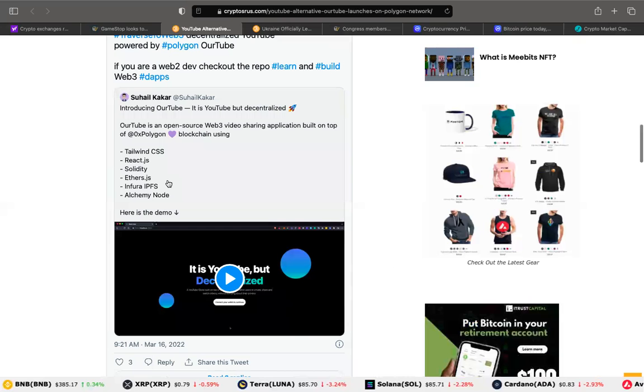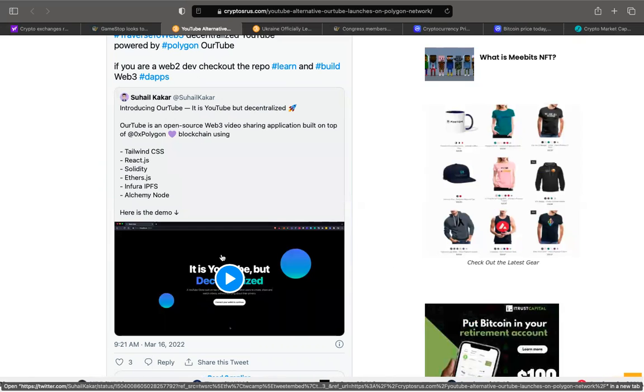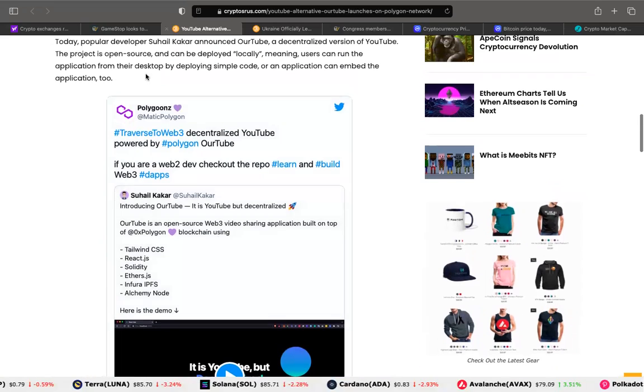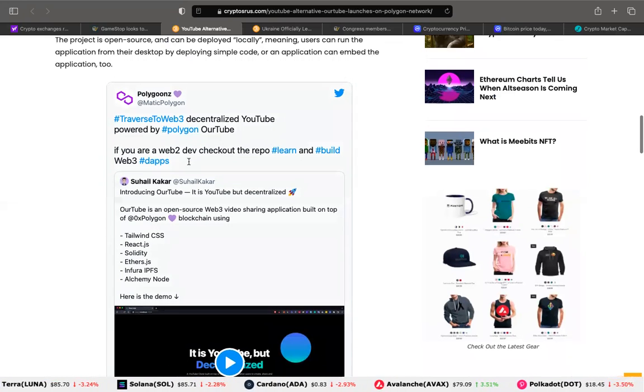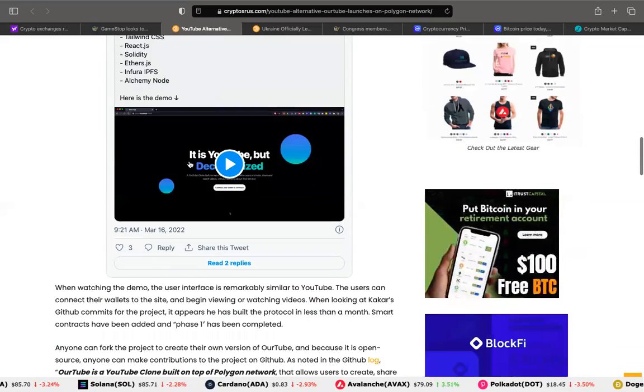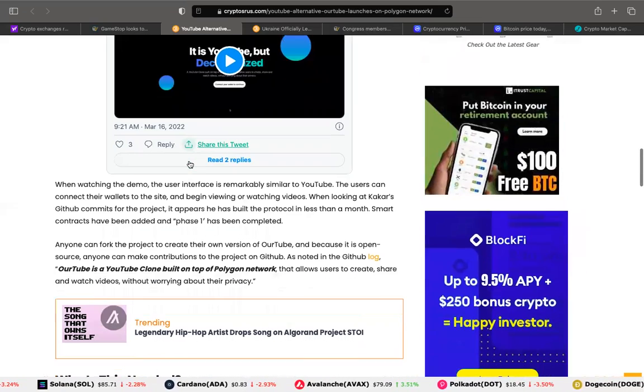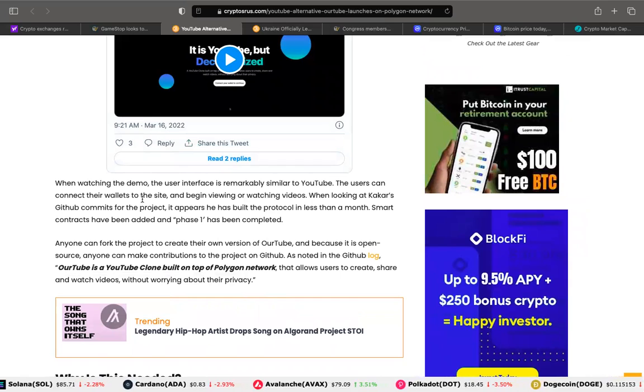Yeah, there's a little sneak peek of it here on their Twitter. So if you guys want to check it out, you can go to their Twitter, and go to cryptosrus.com to the article as well. At Matic Polygon, so you can see what it's like, and it's really similar to YouTube. Users can connect their wallet and begin watching and viewing videos.